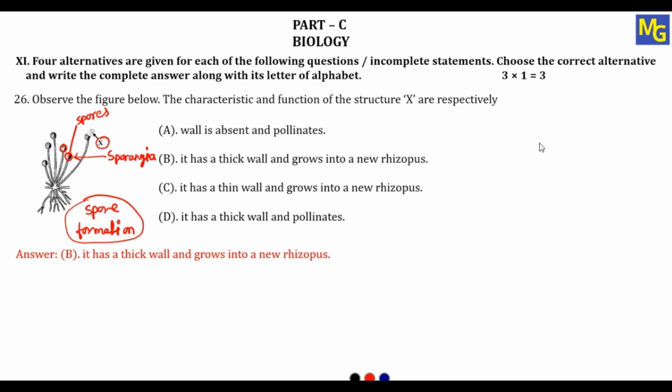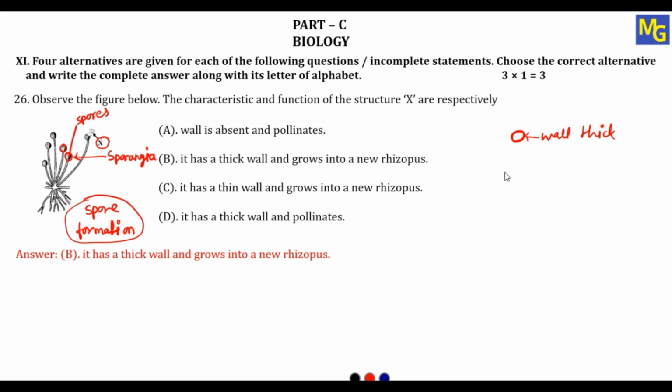These spores are circular shaped structures, and this wall is very hard and very thick. Because of this thick wall, when the sporangia burst and the spores come outside, all the spores will flow with the water, flow with the air, or get stuck to the birds' or insects' wings, and they travel a long distance.